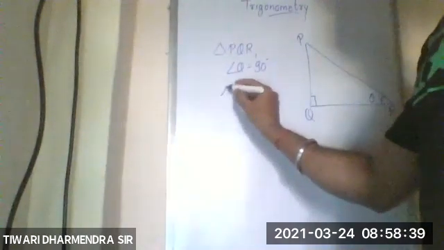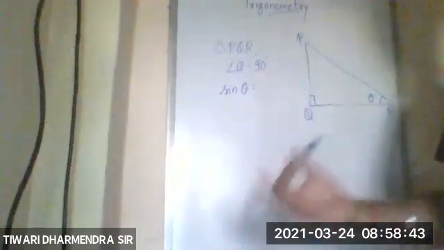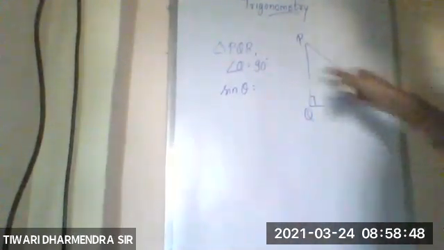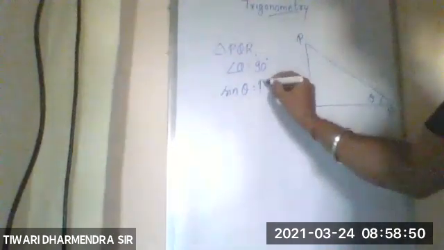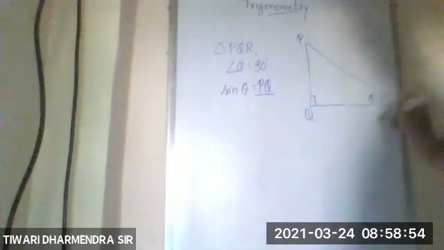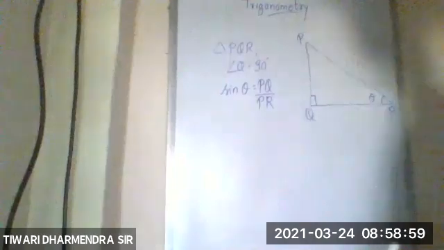So sine of theta, as you know the formula, is opposite to theta upon hypotenuse. Opposite to theta is which side? PQ. And hypotenuse is opposite to 90 degrees, so that is PR. Okay, I got sine theta.